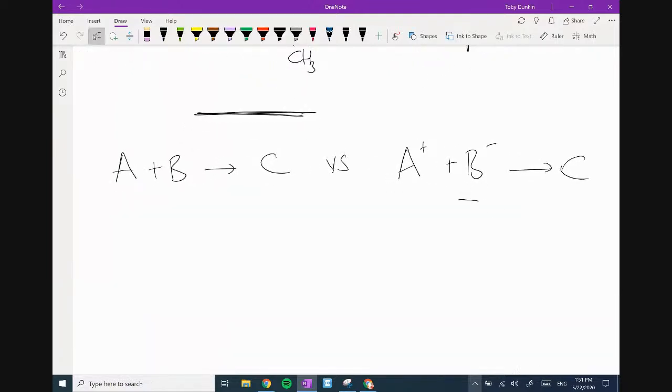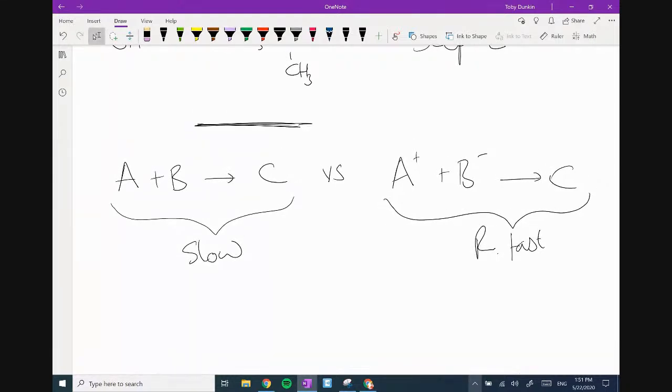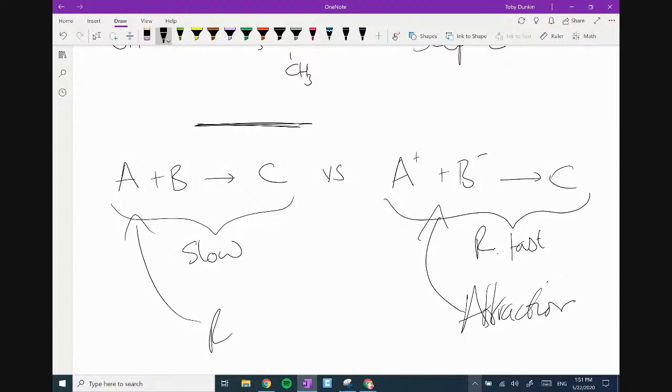This one is going to be really fast because opposite charges attract. This one is much slower because there's no attraction; they've just got to collide randomly. Attraction versus random collision.